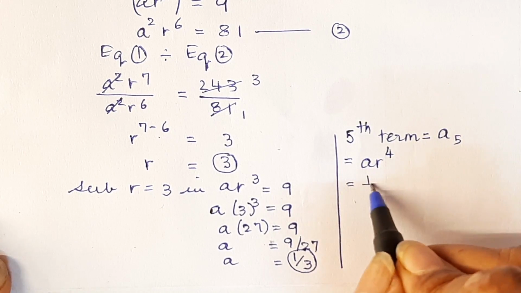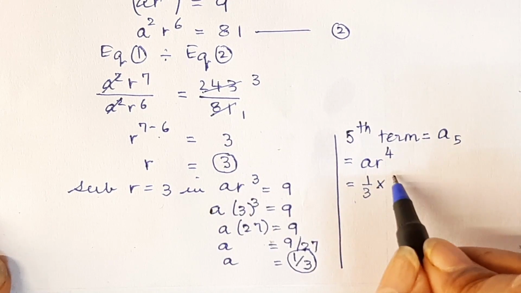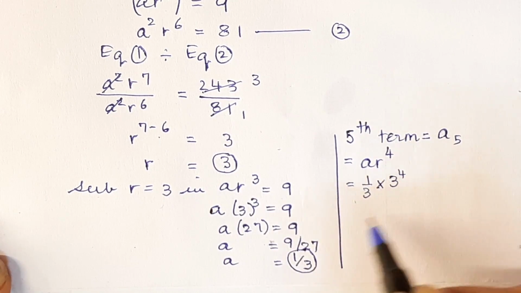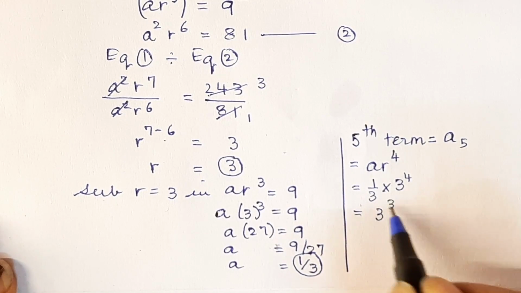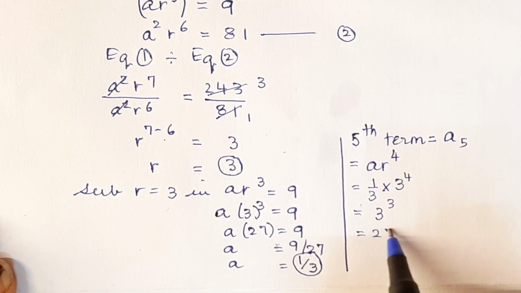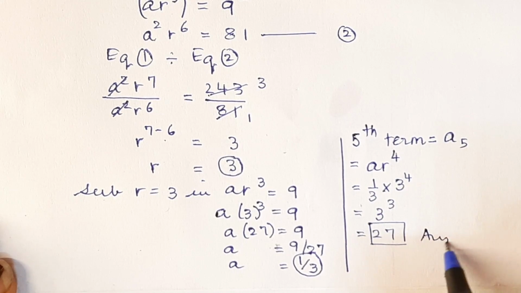A is 1 upon 3, R is 3, so 3 to the power 4, which will give us 3 to the power 3, which is equal to 27, and that is our answer.